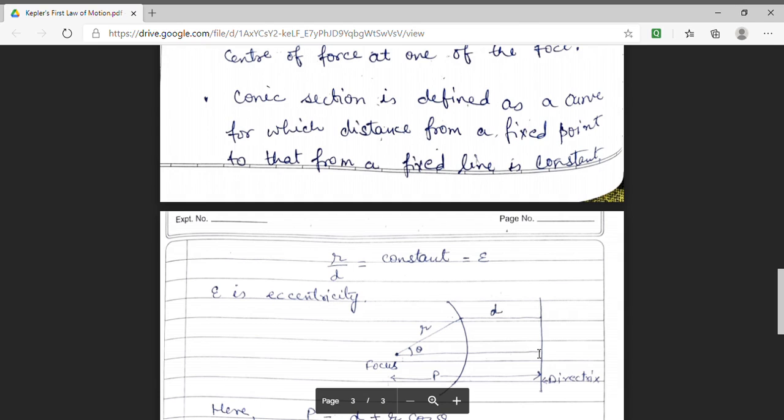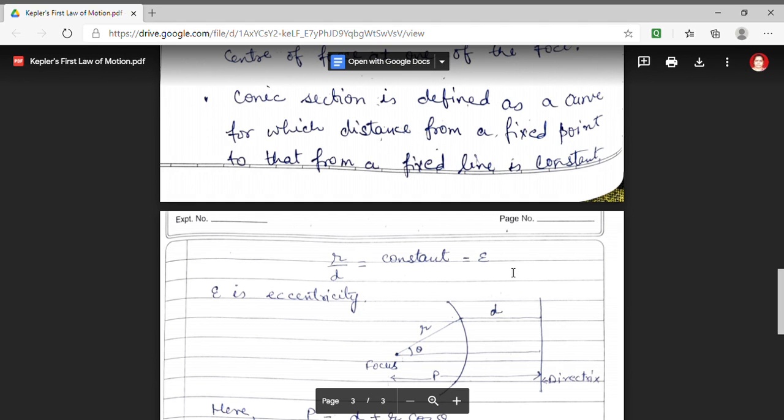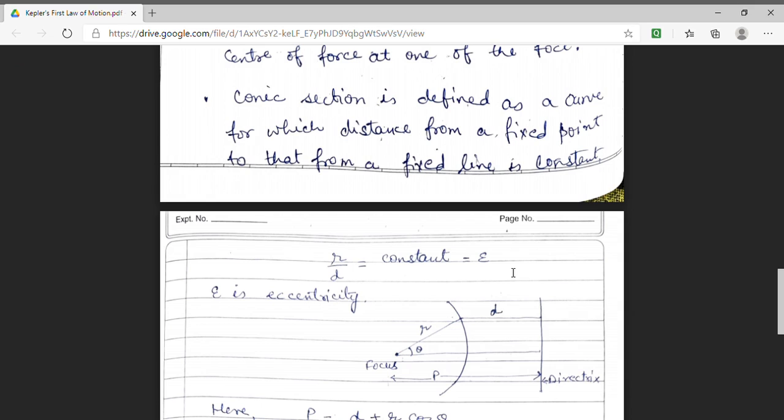Assuming the distance of this curve from the fixed point, which I have denoted as focus, is r, and the distance of the curve from the fixed line, termed the directrix, is denoted by small d, the ratio r by d will be constant. We denote this constant by epsilon, and it is termed as eccentricity.